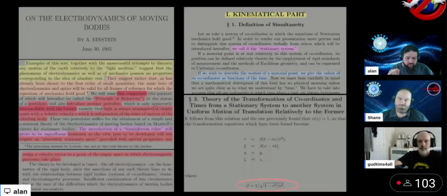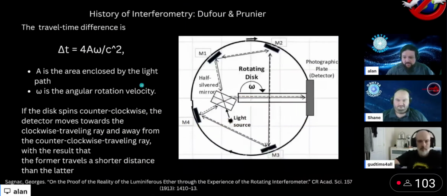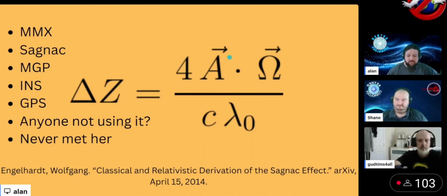So we got our velocity order here. Now, in this equation here, this is describing the first order timing difference based on the path length and the rotation rate.